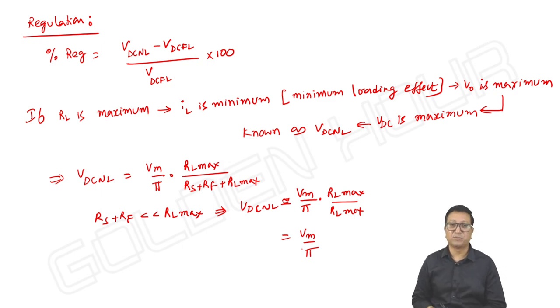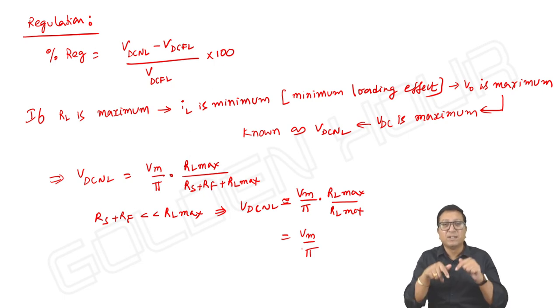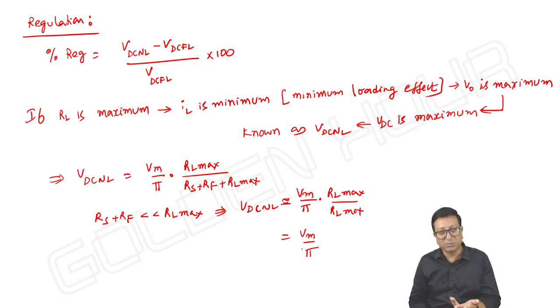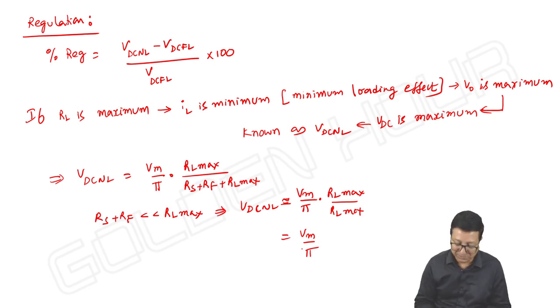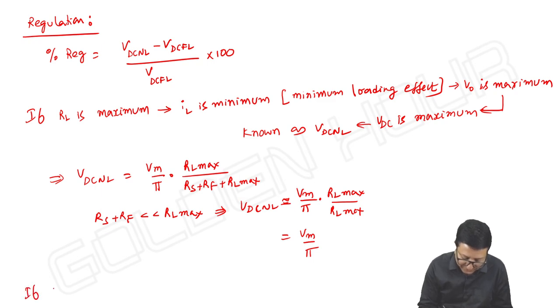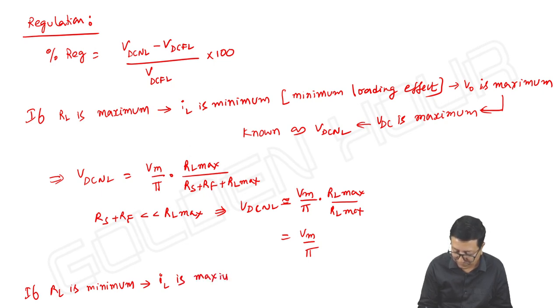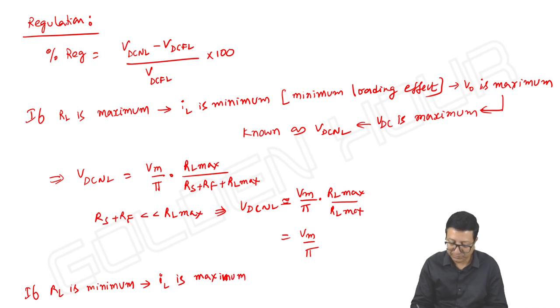And VDC full load. Full load means loading effect is maximum. When is it possible? When RL is minimum, IL is maximum, and the corresponding output is minimum. Okay, the corresponding DC output voltage is known as VDC full load. So let me write that also. If RL is minimum, the corresponding IL is maximum. That is known as maximum loading effect.